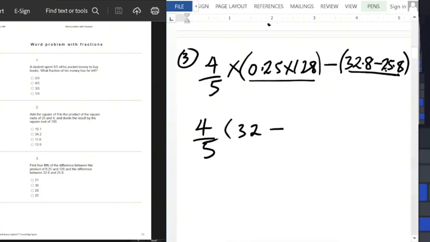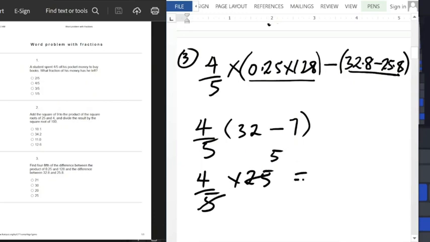So we'll find this one too: 32.8 minus 25.8. So this gives us 7. Alright, so that means you have 4/5. So 32 minus 7 gives 25, times 25. So 5 here, 1, 5 here, 5. So that gives 20. So the answer is C.